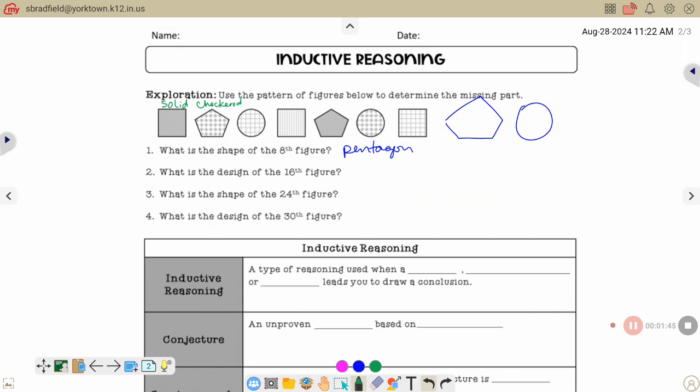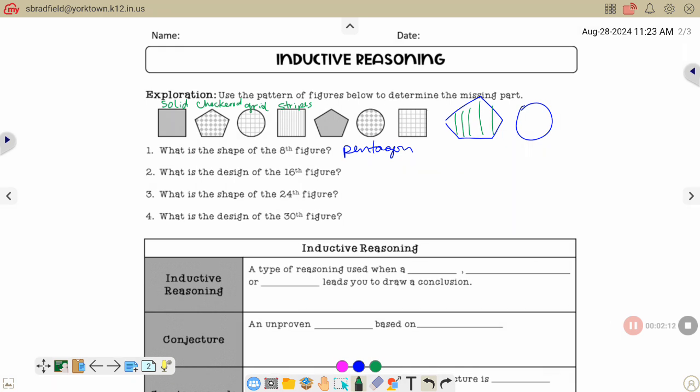The third one is a grid pattern. The fourth one is stripes. And then the 5th one is back to solid, and it repeats itself, doesn't it? So solid, checkered, grid, stripes. Solid, checkered, grid, stripes.